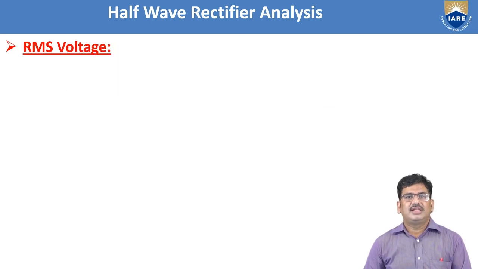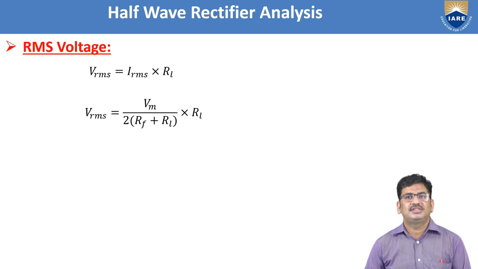The next factor is RMS voltage. The RMS voltage is given as Vrms is equivalent to IRMS into RL. We are estimating the RMS voltage across the load resistance. In the earlier slide, we got the IRMS expression. Substituting this, VRMS is given as Vm by 2 into Rf plus RL, into RL.